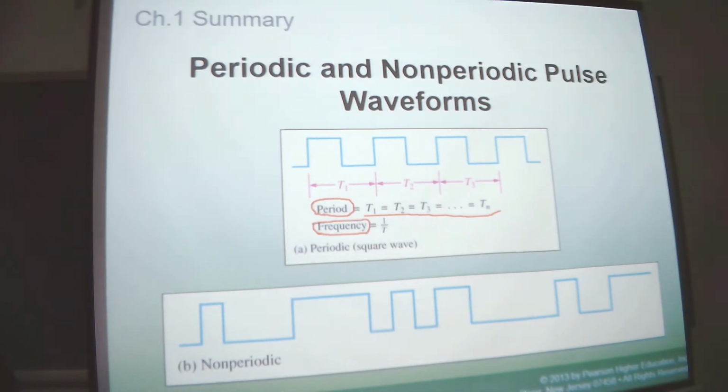Frequency equals 1 by period, and period T equals 1 by F. The symbol of frequency is usually F. F is 1 by period T.